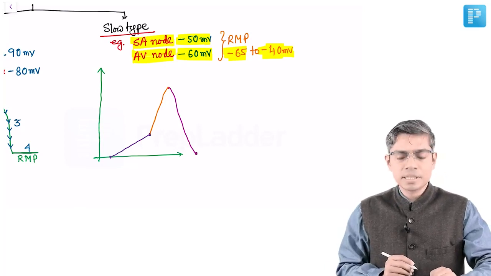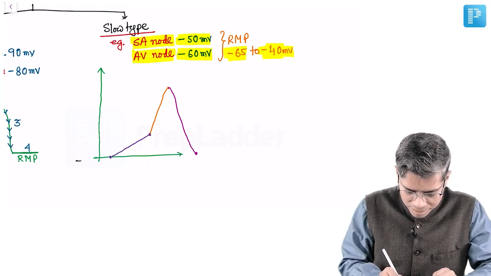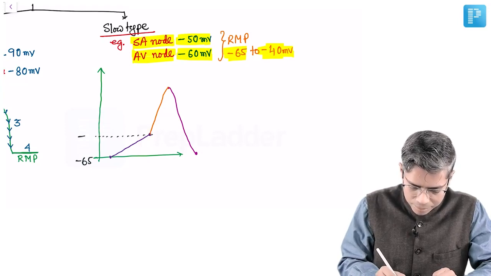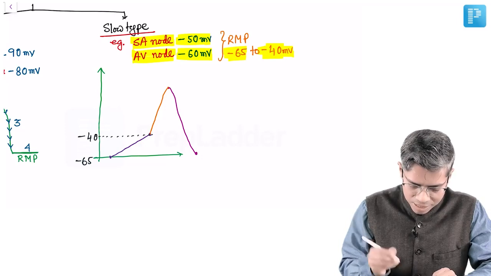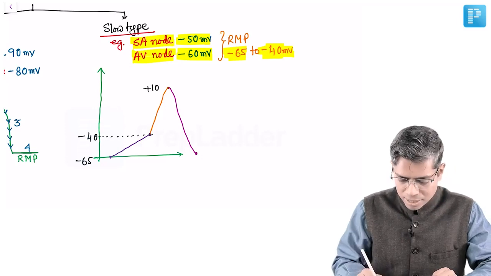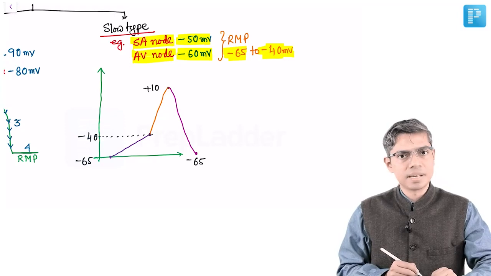The membrane voltage starts from minus 65 millivolt, and the point where the action potential starts is minus 40 millivolt, and then the membrane voltage rises up to plus 10 millivolt, and again returns back to minus 65 millivolt, right?